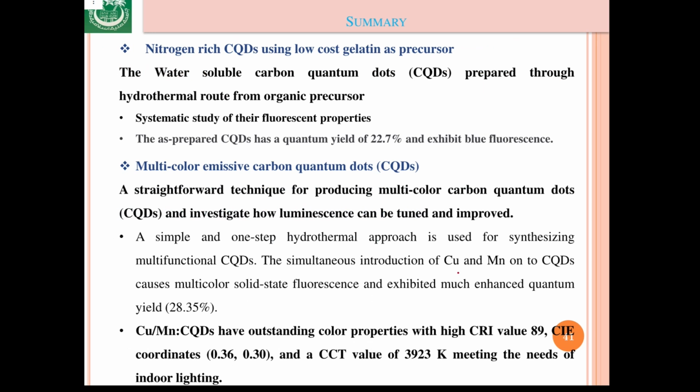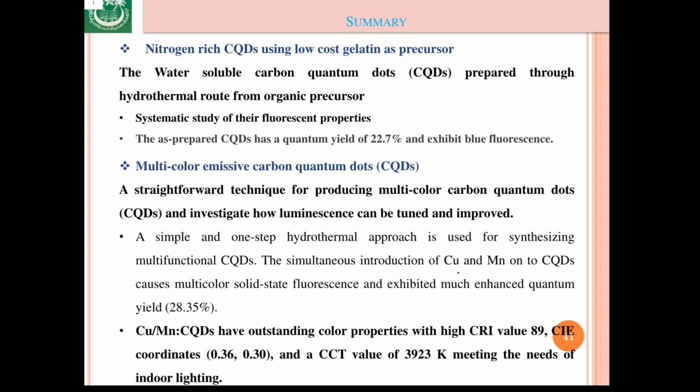So here is the summary: it is possible to tune the photoluminescence of the doped carbon quantum dots, and even multicolor emission can be obtained from doped carbon quantum dots.